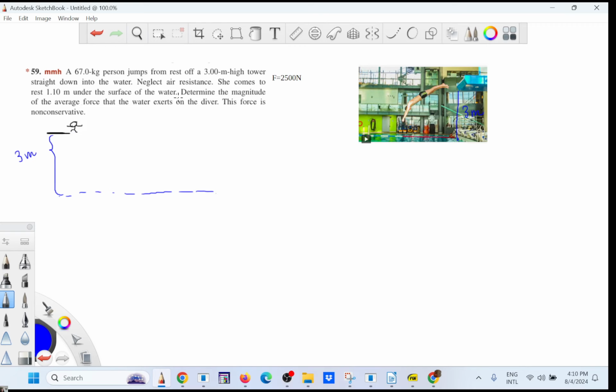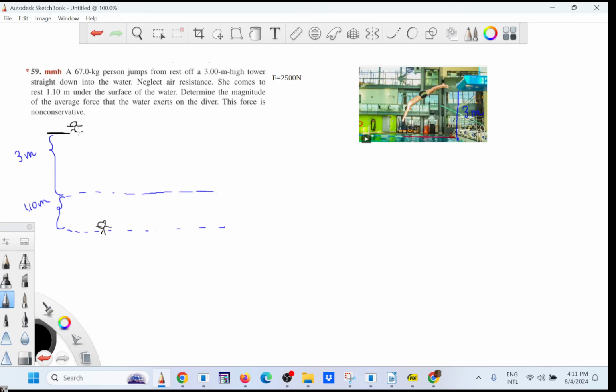And then to rest, so she's going to dive in the water and she's going to stop around here, right? So at 1.10 meters, there is no more kinetic energy left.